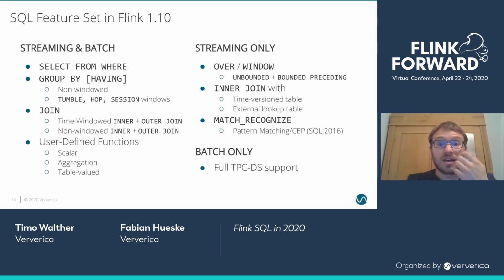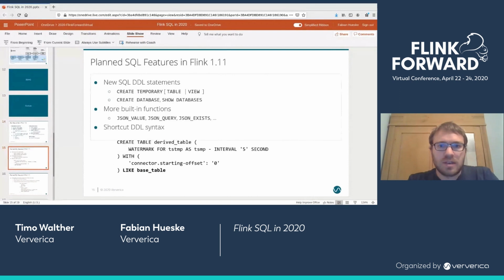So something that's coming in Flink 1.10 and Flink 1.11 are more DDL statements. So you can create temporary tables and views, as well as creating databases and also show database statements.